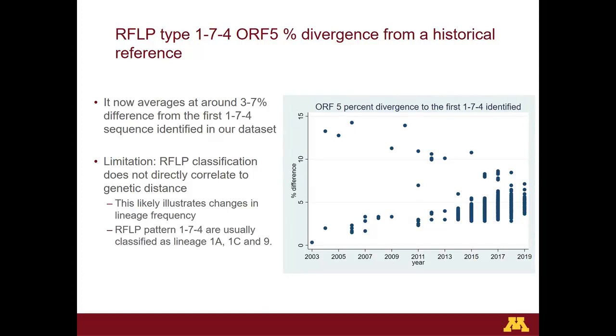Other than that, we did similar to what we did with type 2 sequences. We also took all of the 174s and compared the percent nucleotide difference to a reference. But in this case, we didn't have a very clear reference. So what we did is we used the first 174 identified in our data set, which was again in 2003. So we compared the percent nucleotide divergence from each sequence to the first reported in our data set.